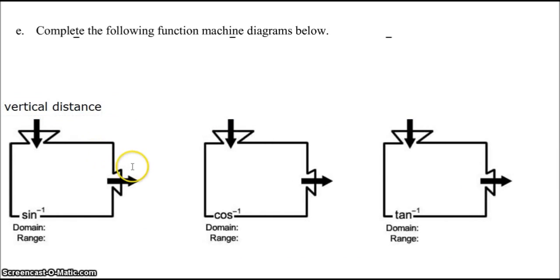For the inverse function, I input vertical distance above the horizontal diameter, and my output is angle measure. The domain, we restrict that vertical distance so that the domain, well, actually the vertical distance we know can only be from negative 1 to 1.